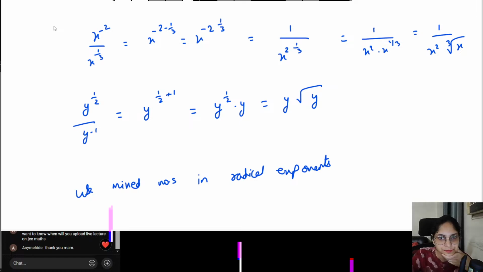Okay, look at the solution. I'm doing x separately, y separately, and then finally I'm combining them together to get my answer.